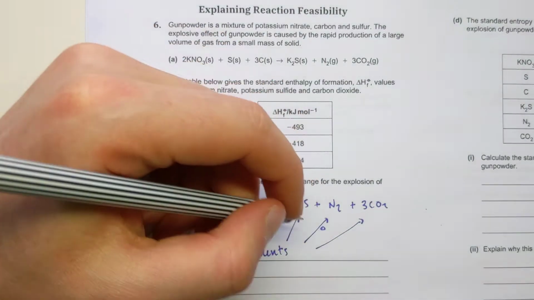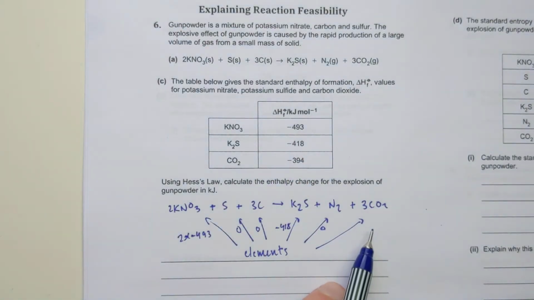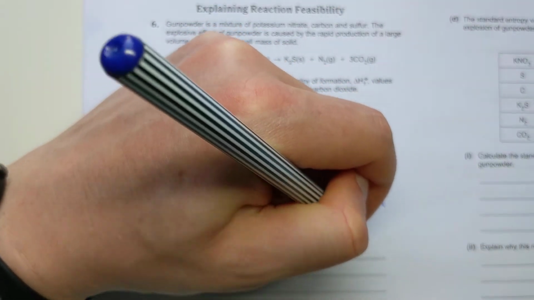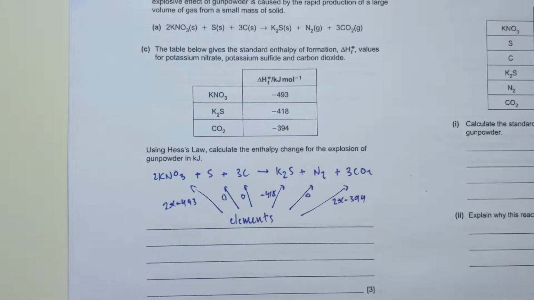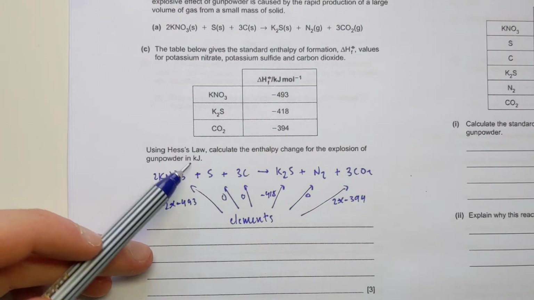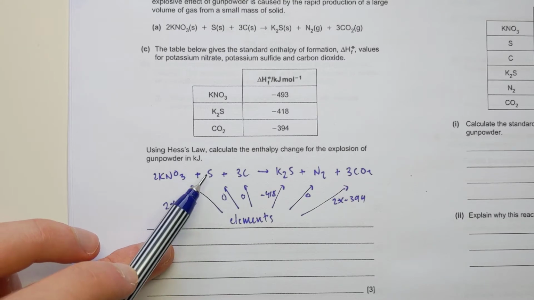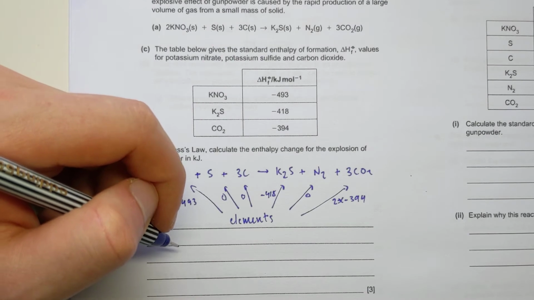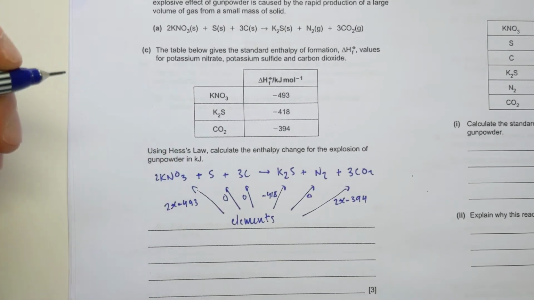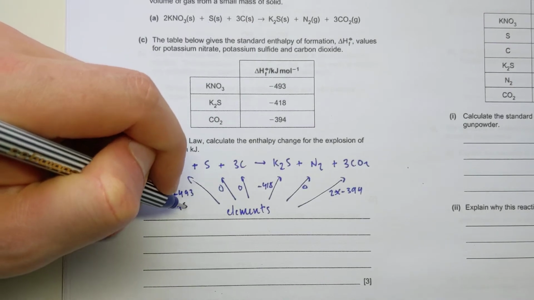Potassium sulfide has got just 1 mole of it, so it's minus 418. And then CO2 on the right hand side, 2 moles of it, 2 times minus 394. So to get from the left hand side to the right hand side, I need to flip the left hand side arrows on my cycle, so essentially just the potassium nitrate one, to get down, and then follow the arrows up to the other side. So if I do 2 times minus 493 first, it's minus 986.